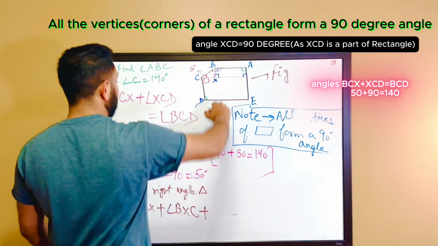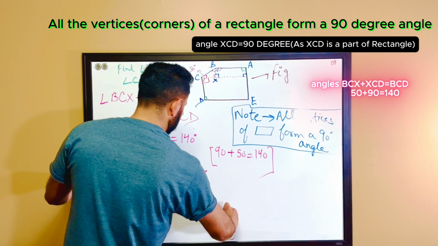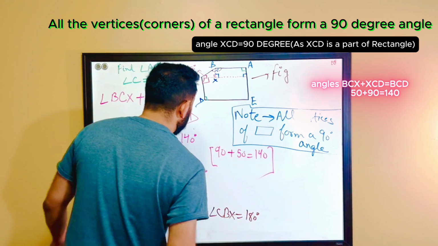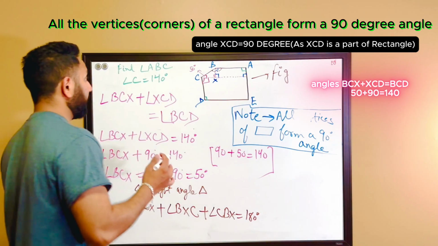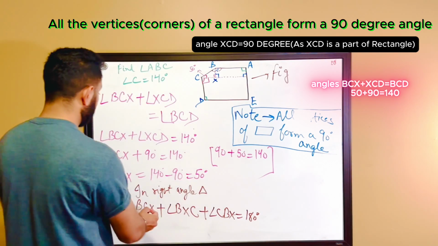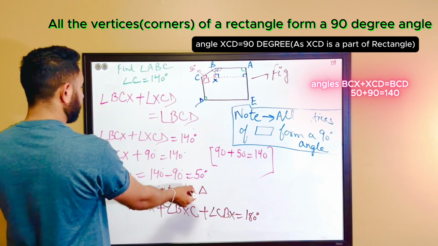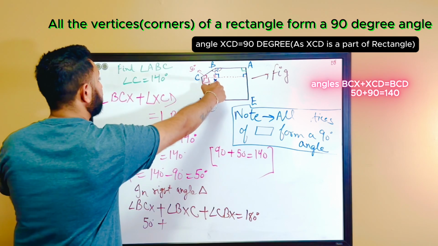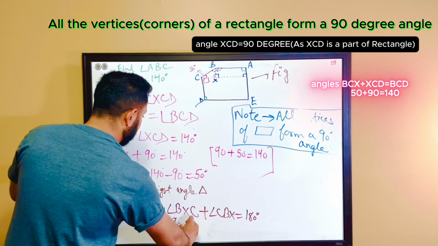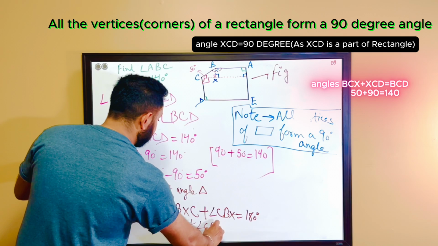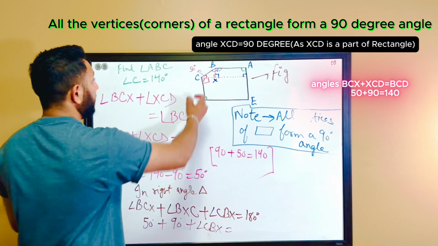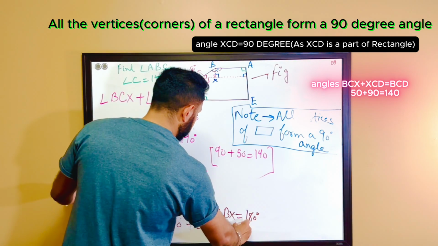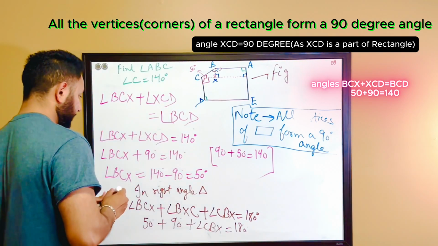plus CBX is 180 degrees. By property, the sum of all the angles in a triangle is 180 degrees. So BCX we just found out, which is 50, and BXC which is 90, and CBX, like this angle CBX that we need to find out, is equal to 180 degrees.